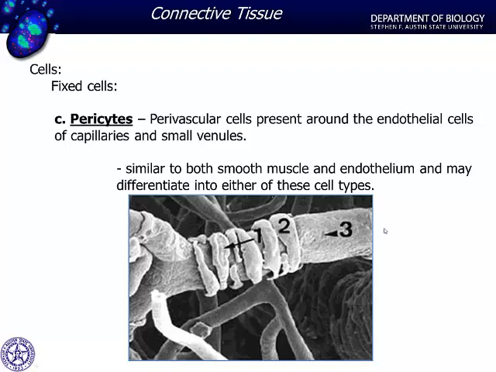Now, these pericytes, like the myofibroblast, are going to be similar to two types, similar to smooth muscle, similar to the endothelial lining, and they may in fact also differentiate into either smooth muscle, full-blown smooth muscle cells, or endothelial cells to replace endothelial cells that may have been damaged. So those are the pericytes.